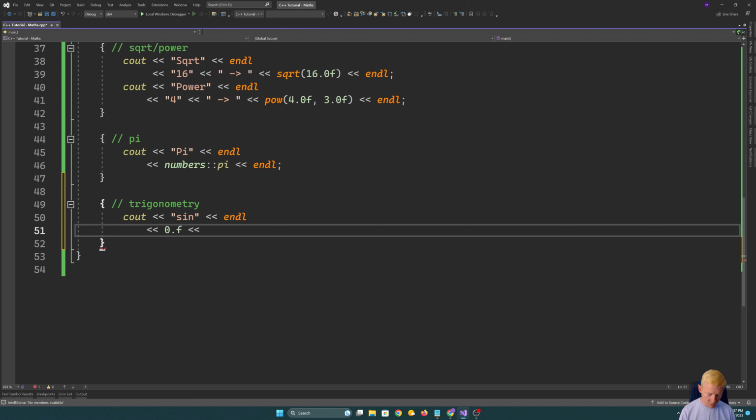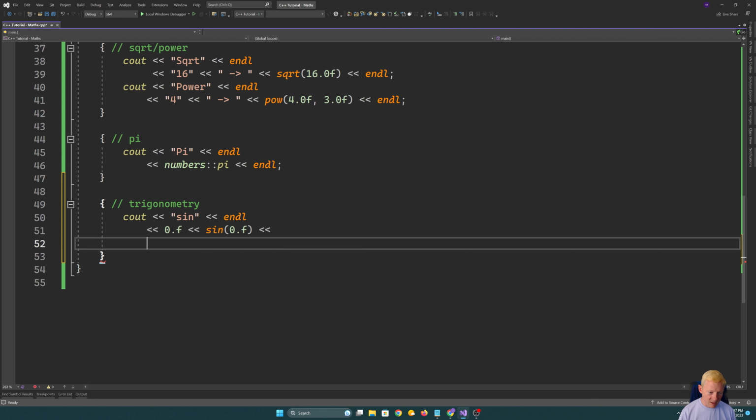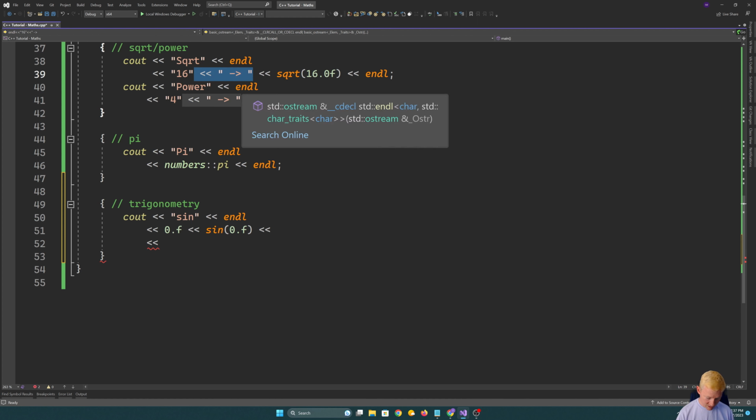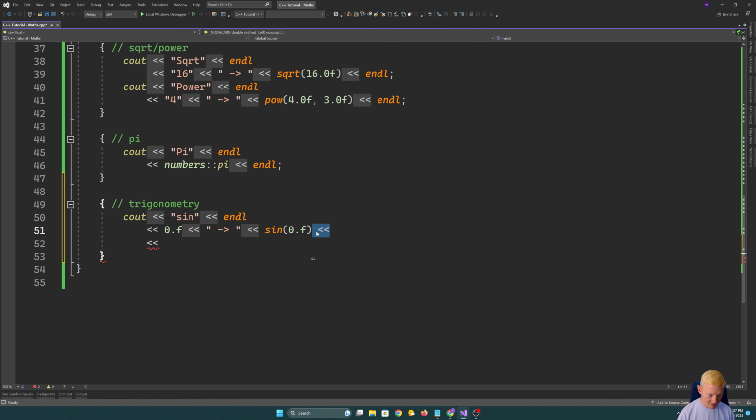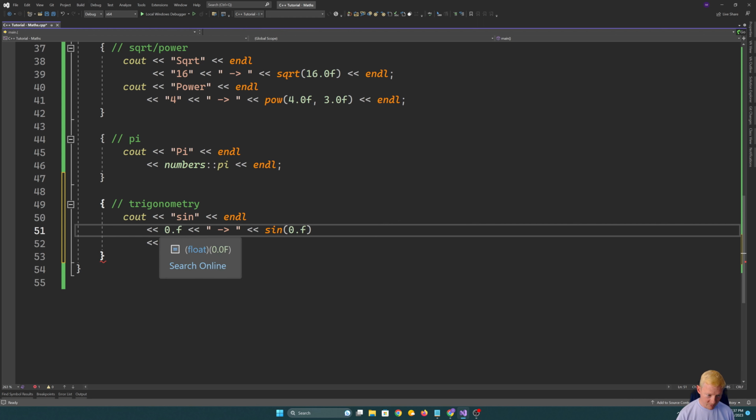So 0, and we'll do sine of 0. And I need to remember and add in our little spacer here, like that, just so that it doesn't mess up on us.